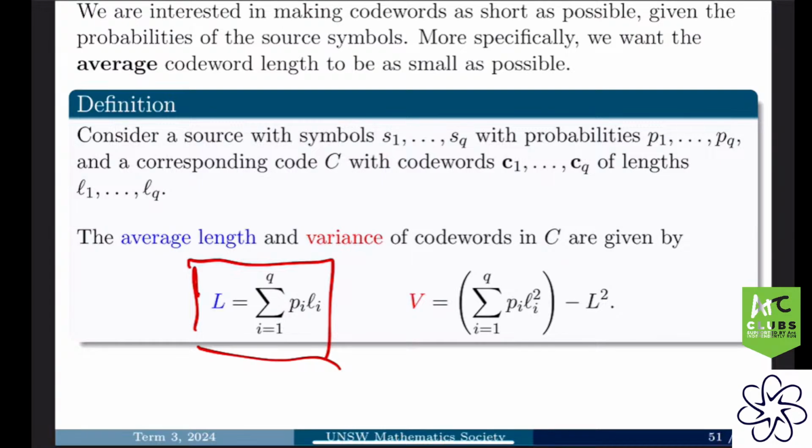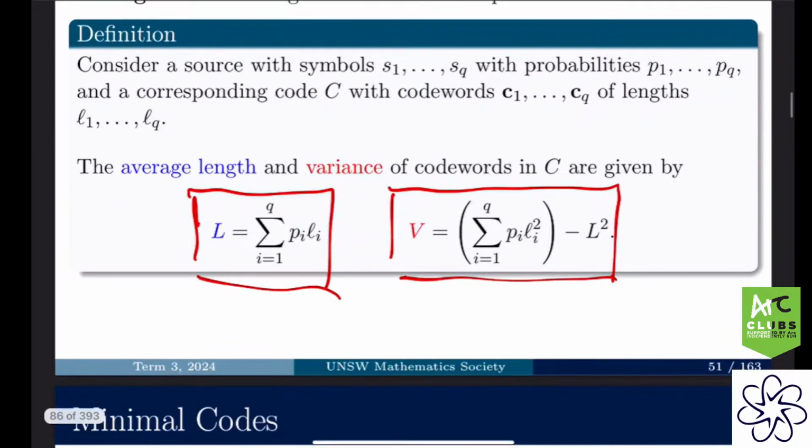So here is just a formula for the average length, and here's a formula for the variance. The variance doesn't show up quite as much, but I guess it's just good to have here for your culture if you end up doing 2801. You know what, I'll just do a little bit of an extension for those people.